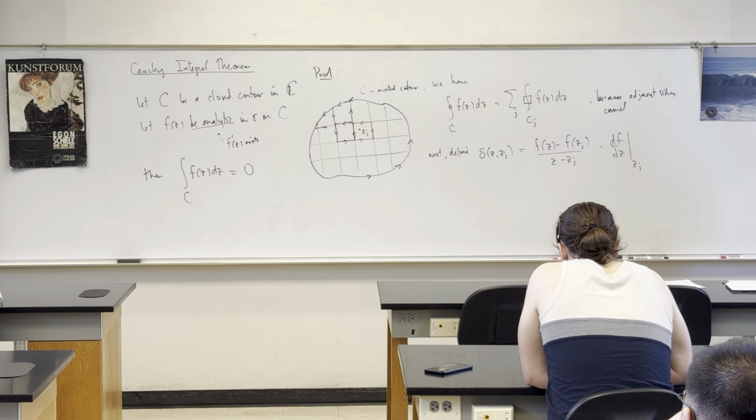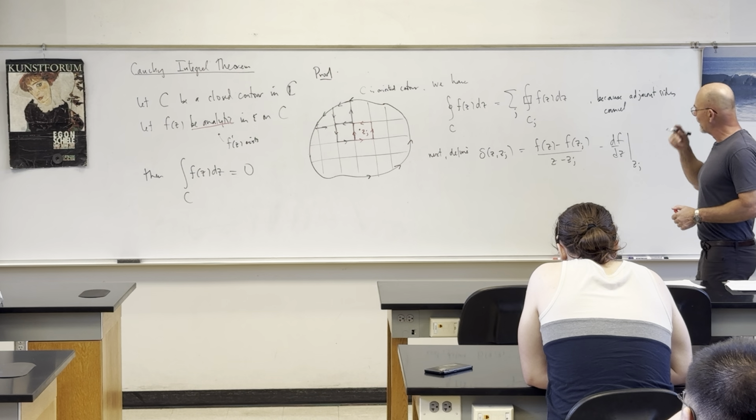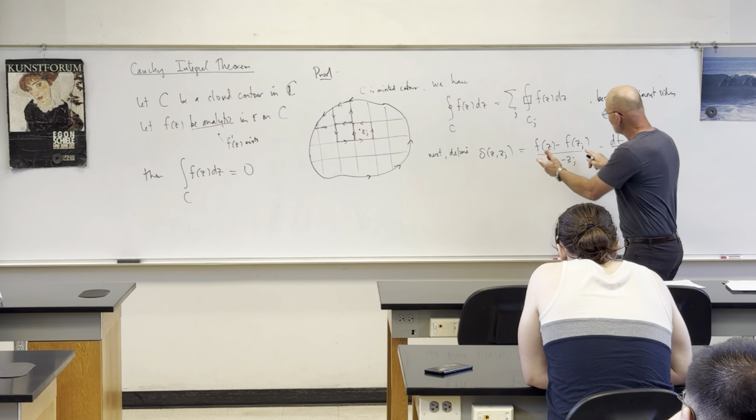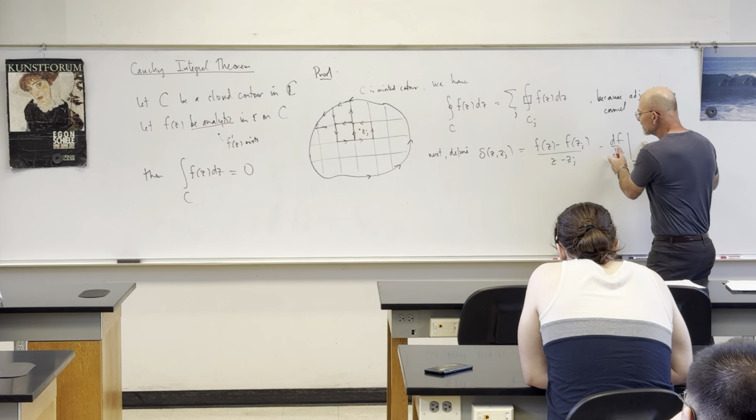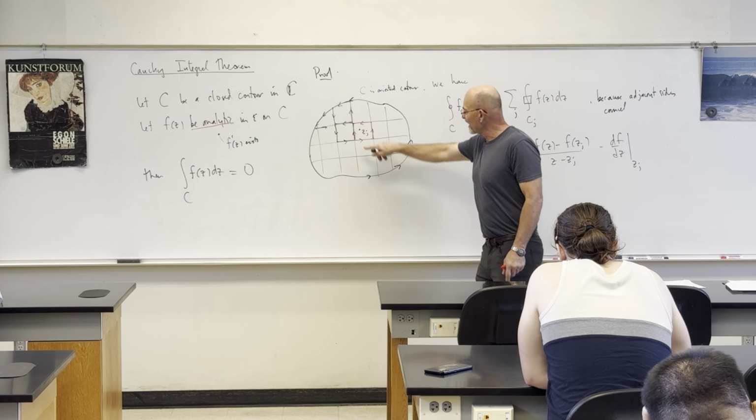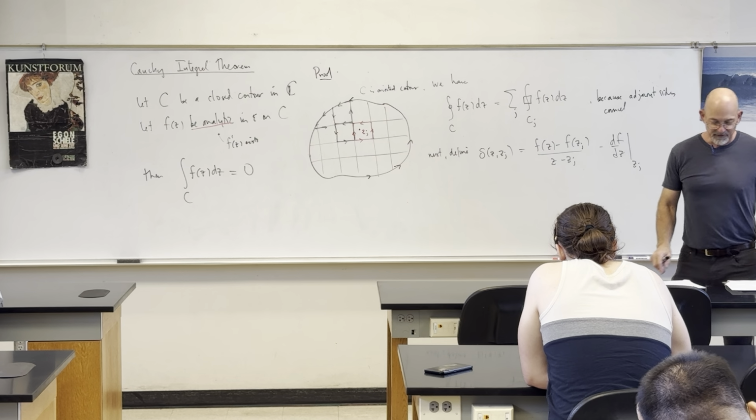So we've defined this: difference quotient minus derivative, and each of these deltas is in the jth box.